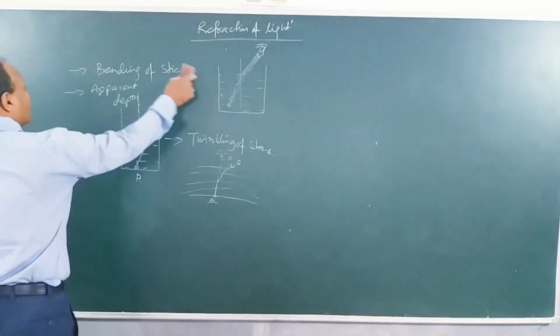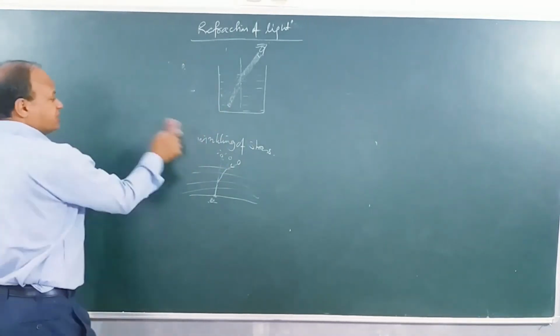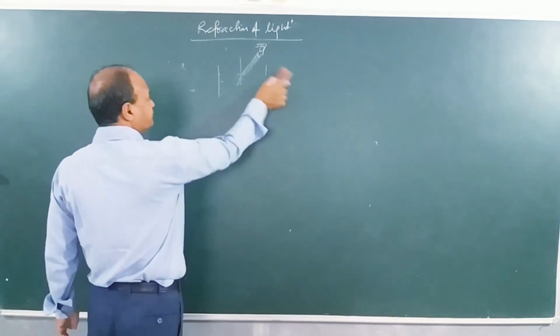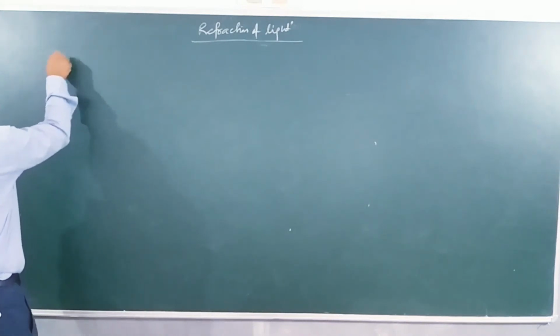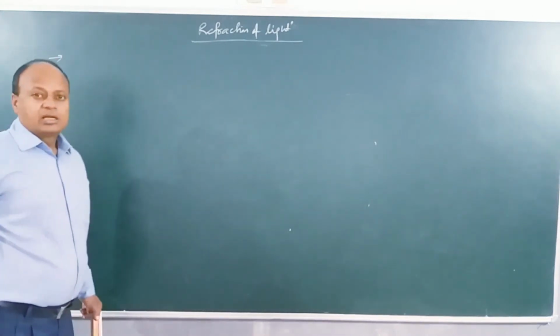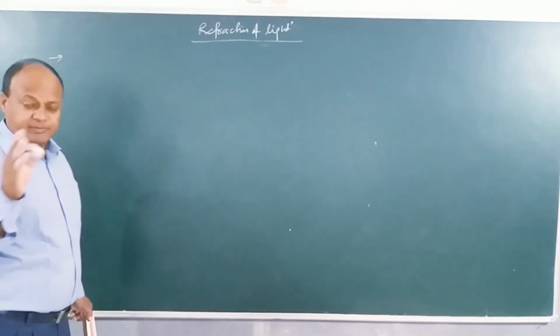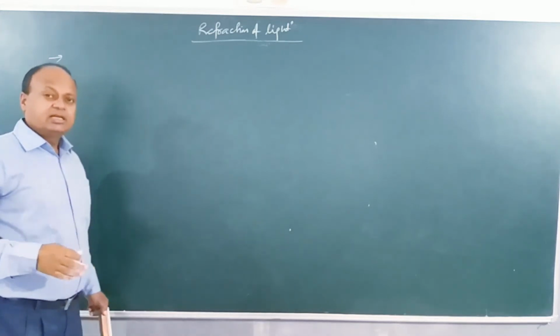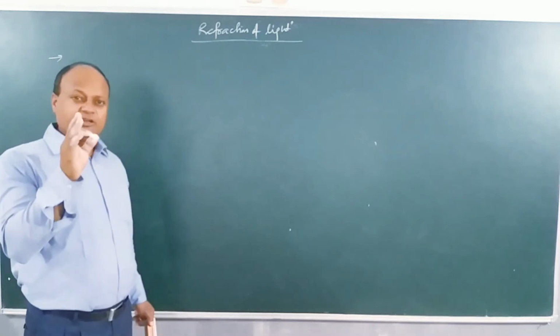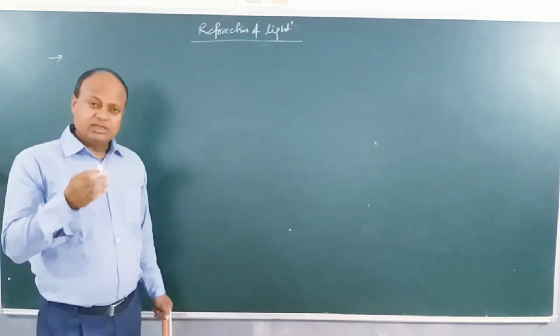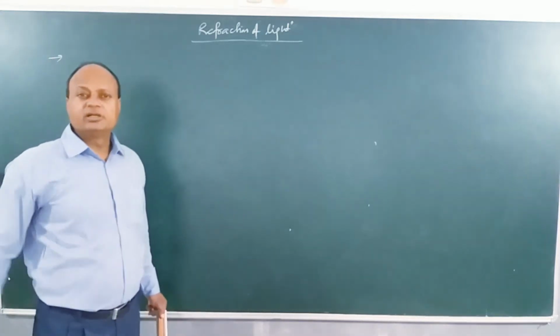Now, once you understood these examples, we'll be discussing angle of deviation. Means I want to understand in which case the light will bend towards the normal, in which case it is bending away from the normal.